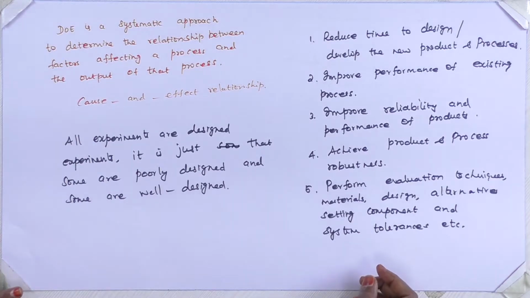For example, in cake baking, we have our ingredients like sugar, flour, milk, eggs, etc. In every experiment, there are inputs, and in addition, there are factors such as time of baking, temperature, and geometry of the cake pan, some of which we can control and others that we cannot control. In such cases, we are going to apply some experimentation.